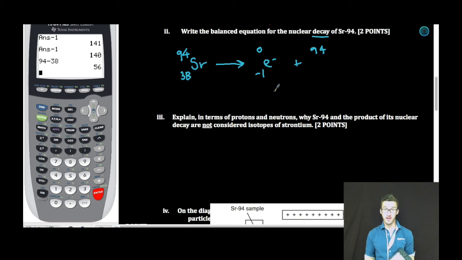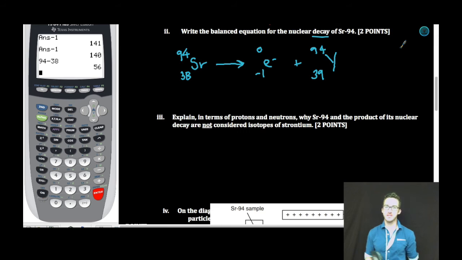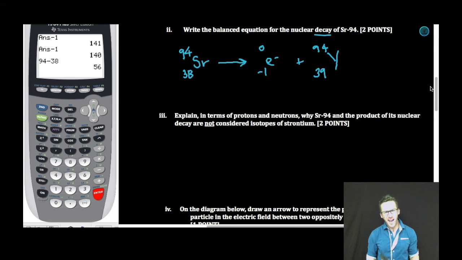However, a neutron has turned into a proton. What number plus -1 equals 38? Answer, 39. Now, if the atomic number has changed, if the number of protons has changed, it's no longer an atom of strontium. Where could I go to figure out what atom it has turned into? Periodic table. Good old yttrium. Boom. 2 points.